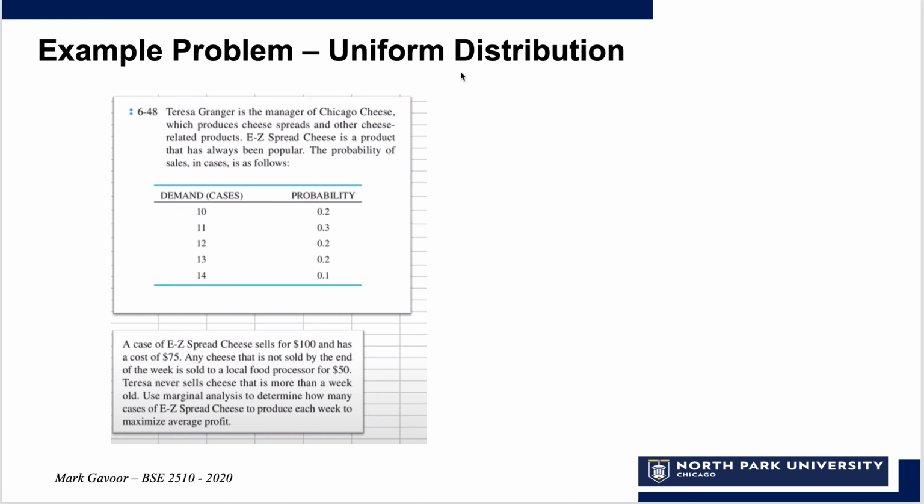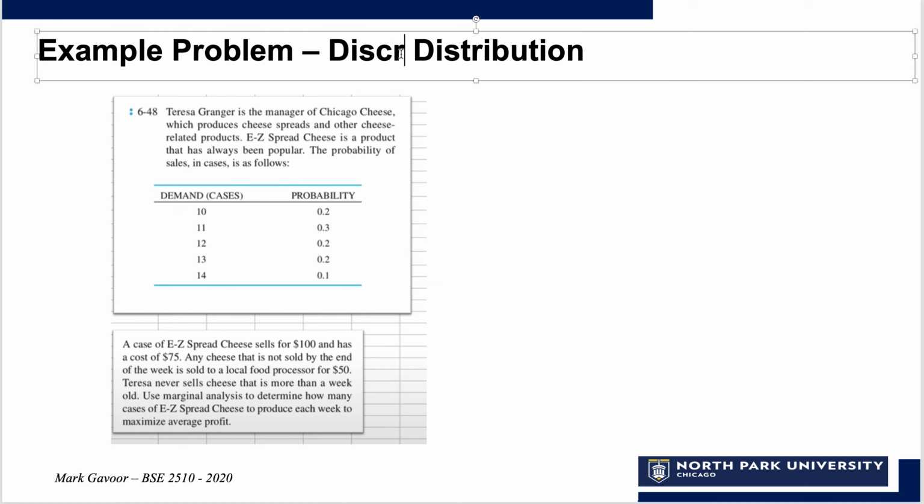So this is a discrete distribution. It's not really a uniform distribution. It's just a probability distribution like rolling dice or drawing cards from a deck that's well shuffled.